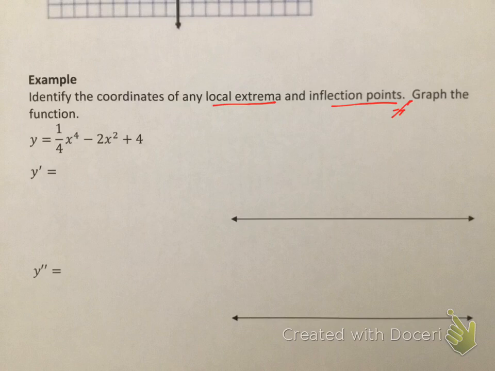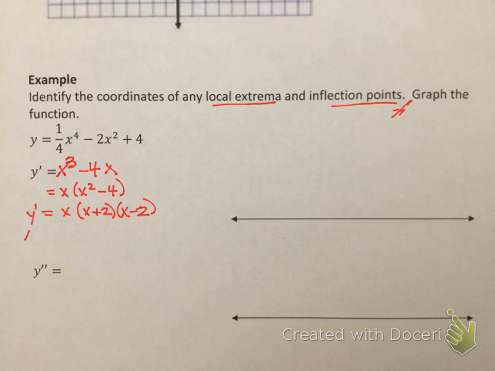My first derivative would give me x cubed minus 4x. When I factor out an x, I'd be left with x squared minus 4. When I factor my difference of squares, I would have x plus 2 quantity times x minus 2 quantity.